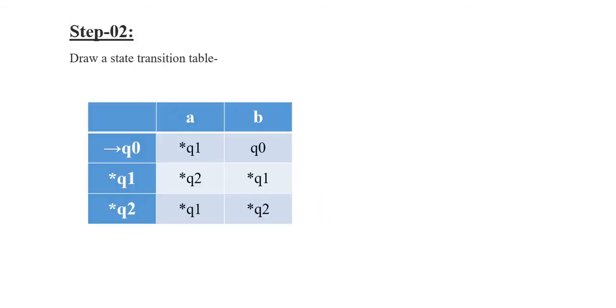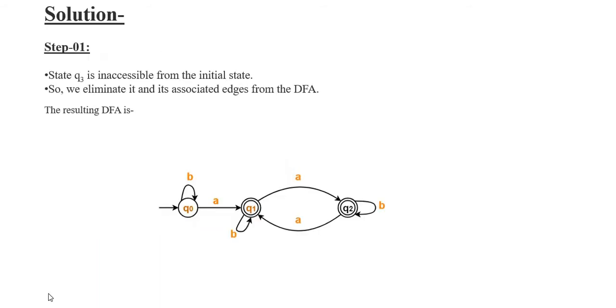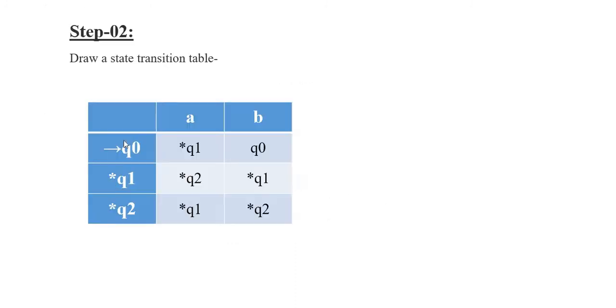Next step, draw the transition table. Draw your state transition table from the given DFA. So Q0 on A goes to Q1, Q0 on B goes to Q0. Q0 is your initial state and Q1, Q2 are final states, which are represented by an asterisk sign.